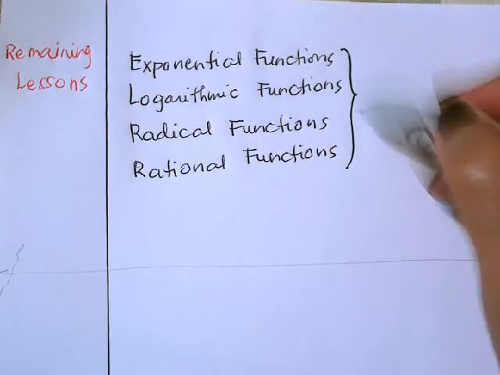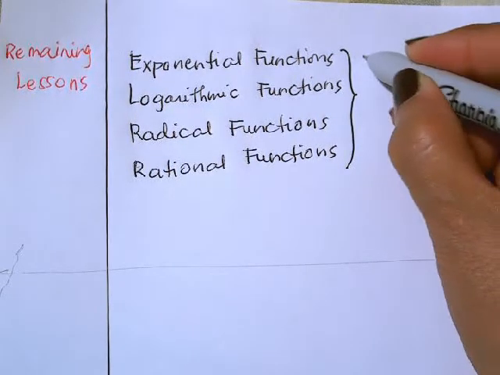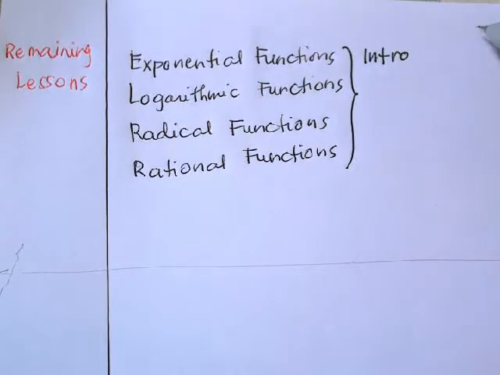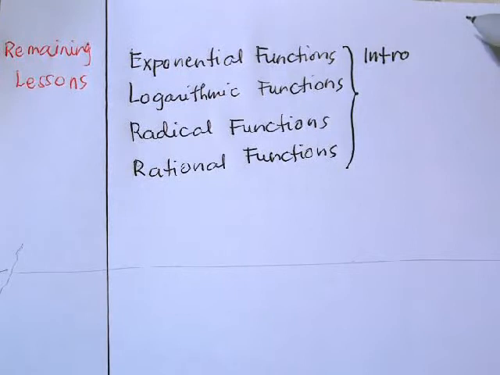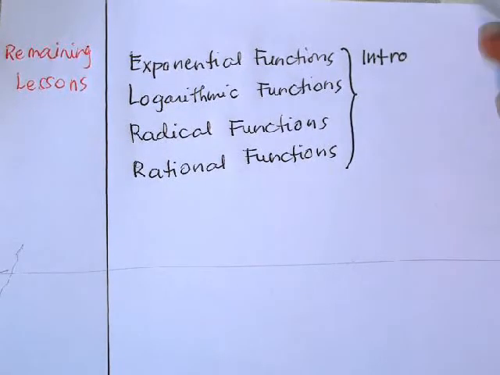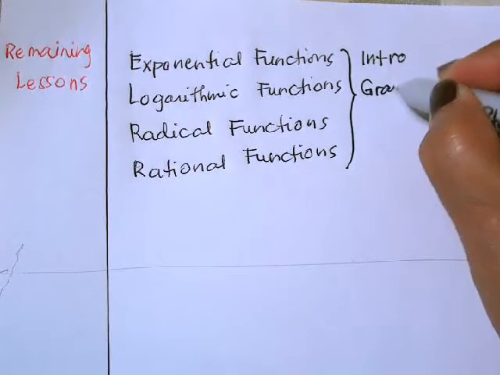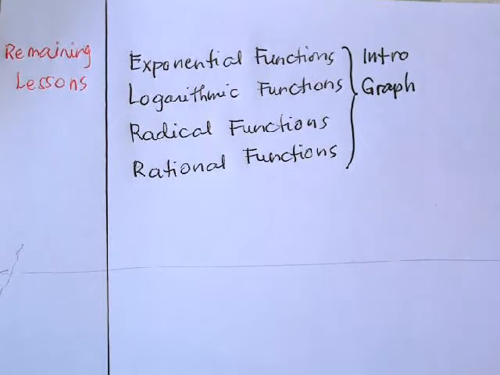When we study each one of them, first we're going to do an introduction, okay? And then maybe we're going to study the laws, the properties of each one of these, and then we're going to graph using transformation.